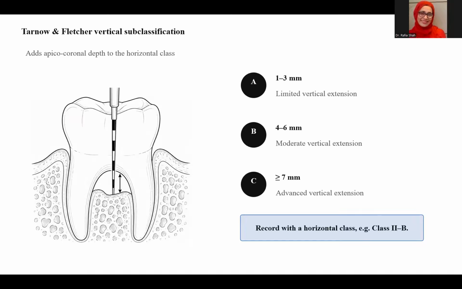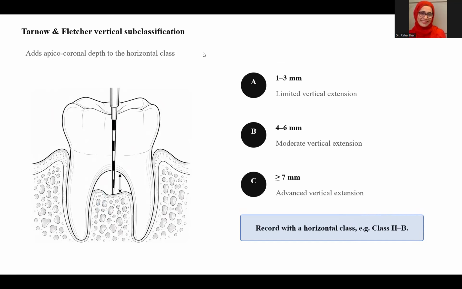And if we want to add the vertical component into it, then we'll be writing it this way. Class B means the vertical component is loss of bone up till 6 millimeter. And the degree is talking about the degree of invasion in a horizontal direction as described by Hamp, Linde, and Nyman.